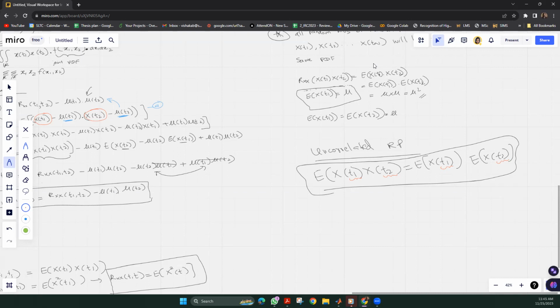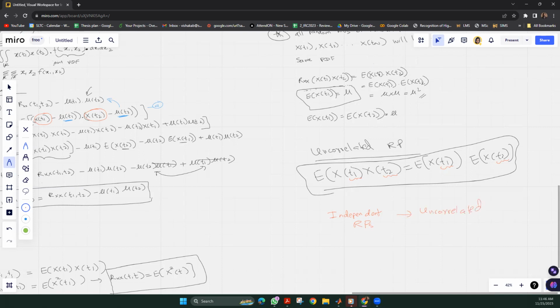If there are two random processes that are independent, they will definitely be uncorrelated. Independent random processes will be uncorrelated.